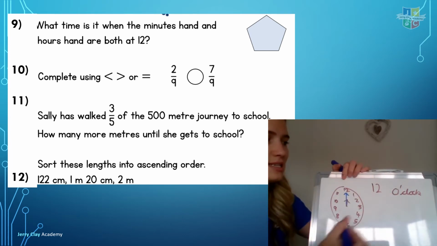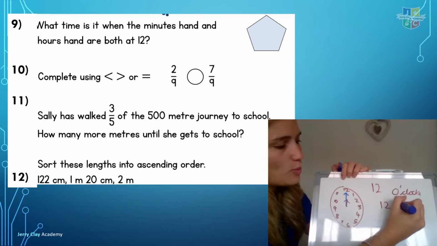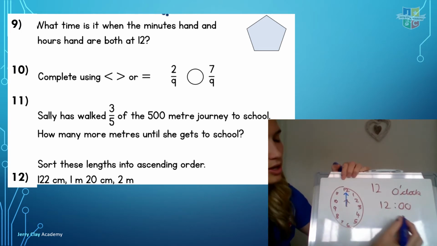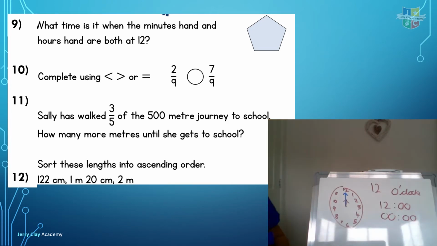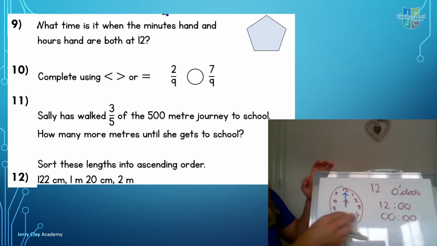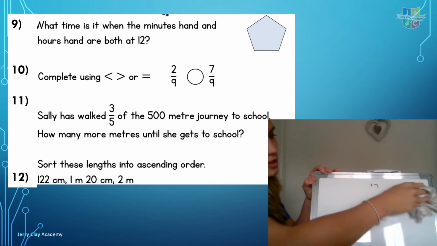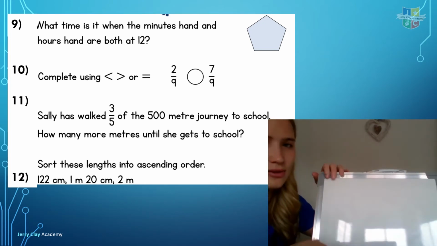Now, if you were to write it as a digital, you could have put 12:00, or it would have been 00:00 if it was in the morning, because remember we add 12 to find the different times, whether it's morning or afternoon, and obviously there's 24 hours in a clock, so in a day, sorry. So it would start a new day on 00.